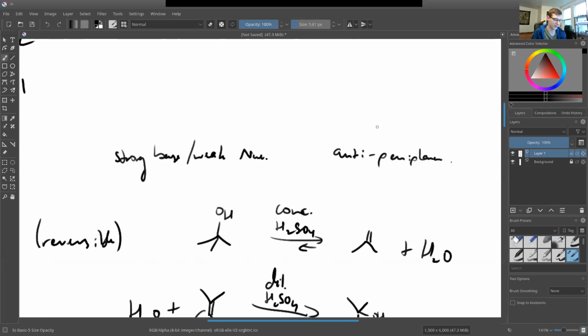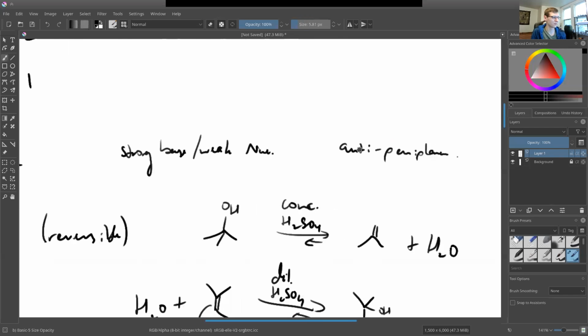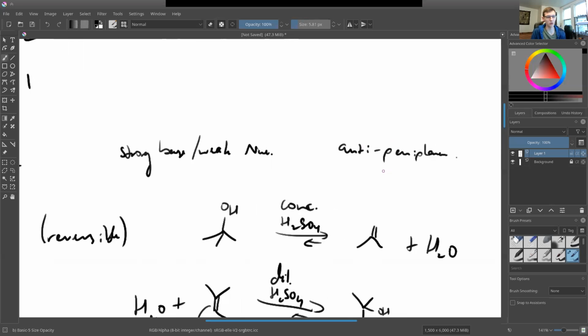At the risk of introducing new confusion, if you're happy with it being anti-periplanar, then tune out your ears for a moment. It's possible to do it when it's in a configuration called syn-periplanar, which is when they're both on the same side. We'll see an example of this later if we get to it or have time.